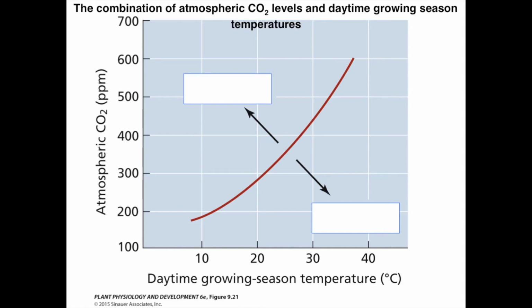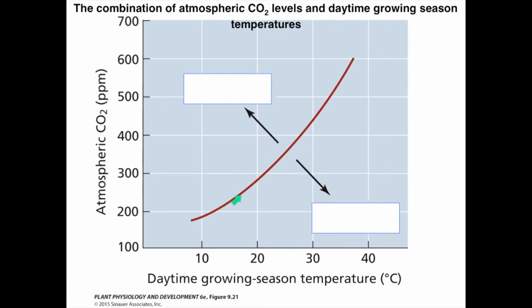What type of plant is going to do really well in certain combinations of growing season temperature and atmospheric CO2 levels? And as a frame of reference, this red line here is indicating that C3 plants and C4 plants are equivalent in their ability to do well or have great productivity given certain combinations. So in this case down here, if we have daytime growing season temperature of around 10 and atmospheric CO2 concentration of 200 or a little bit less than 200, then C3 plants and C4 plants will both have about the same level of productivity.